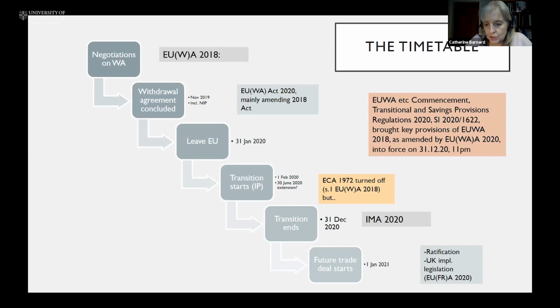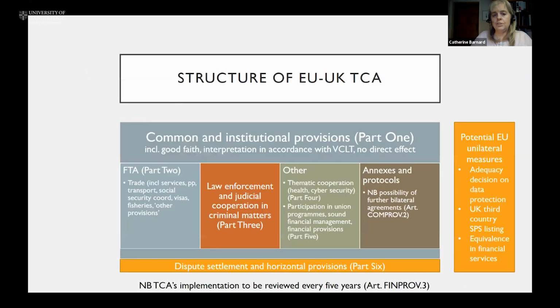So I'm going to talk to you about the TCA, the Trade and Cooperation Agreement, which is the text that was concluded on Christmas Eve. And the way it's structured is as follows. In good EU style, it is built around a building model with a common structure across the top and a common structure across the bottom. The common structure across the top is the institutional provisions of the agreement.